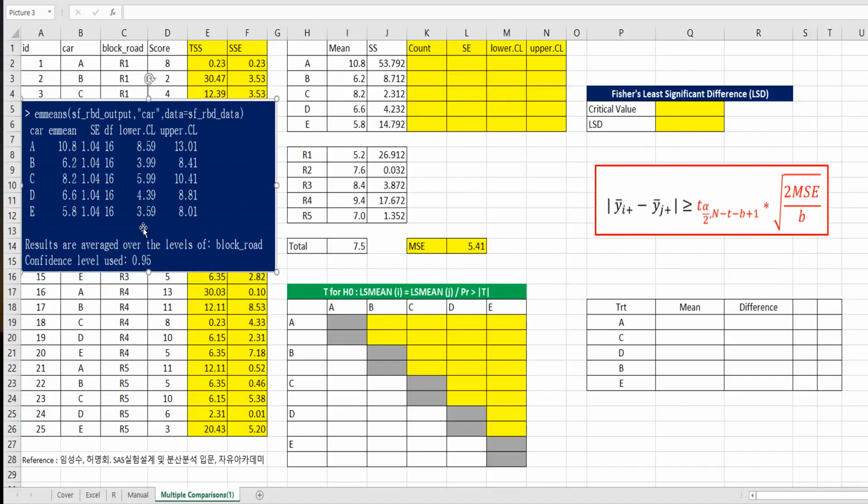In our program, if we run the emmeans function, you can get this output. Let's get this output manually here. So let's see how many replications there are for each treatment. We can use the COUNTIF function, with range from column B, press F4, comma, and criteria from H2.